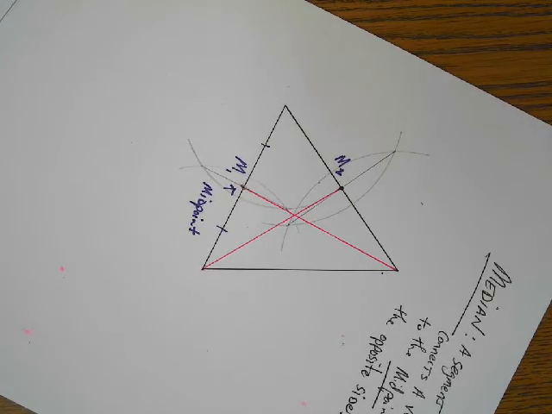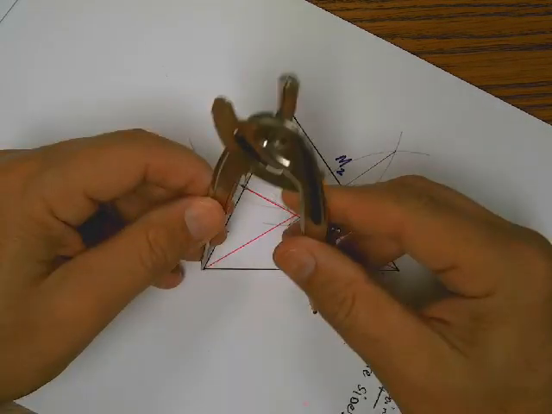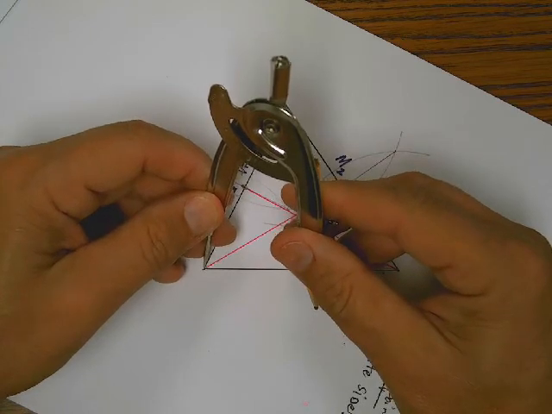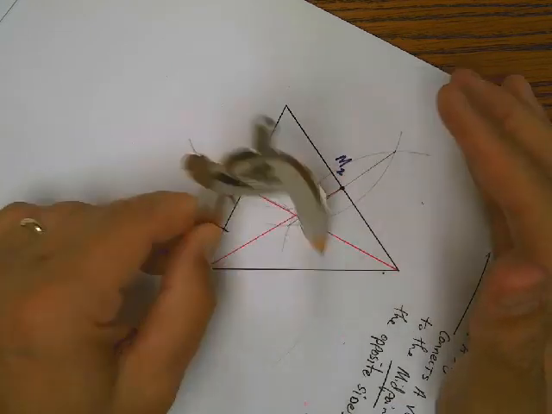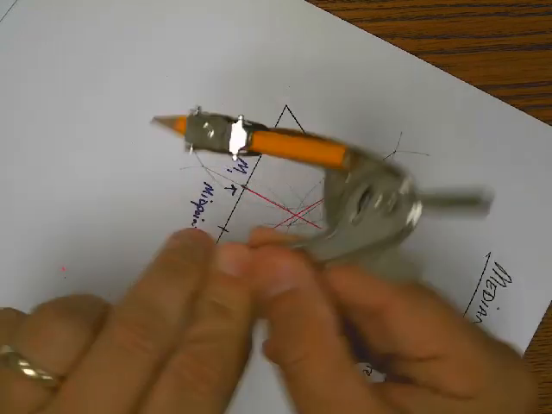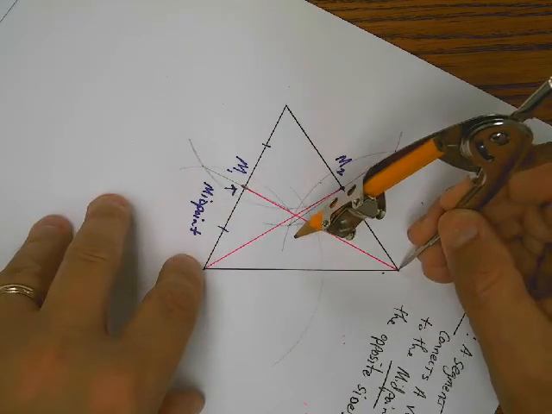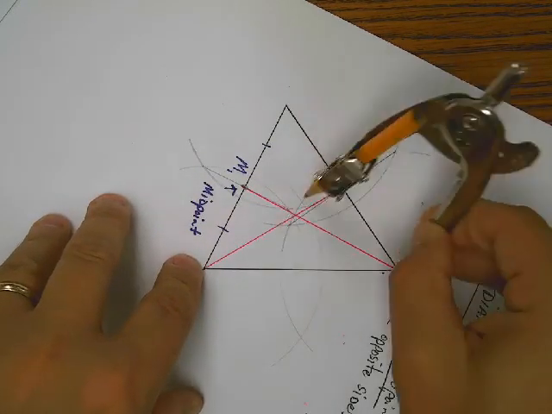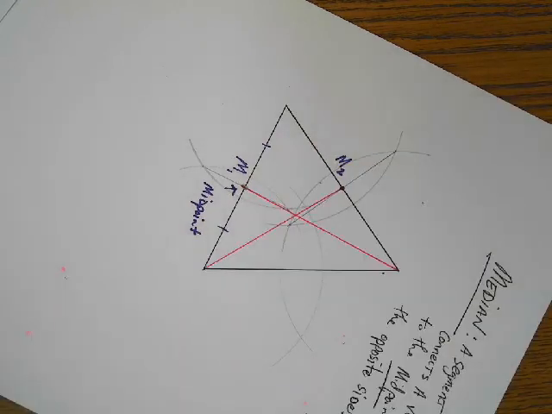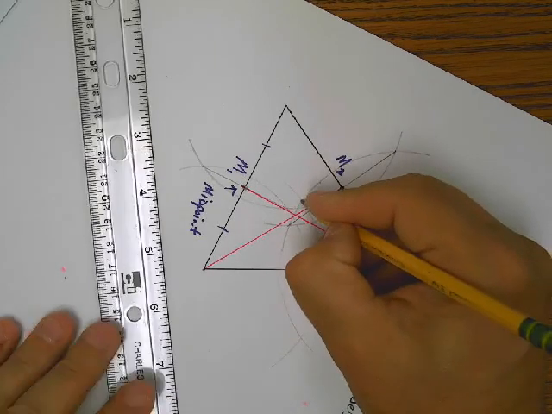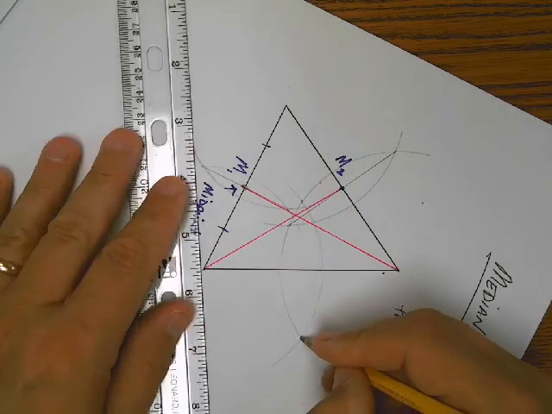Make sure my compass is over halfway. Make a big arc. Whatever I do to one side, I'm doing to the other, like the fish symbol, big arc. I have a dot here and a dot here.